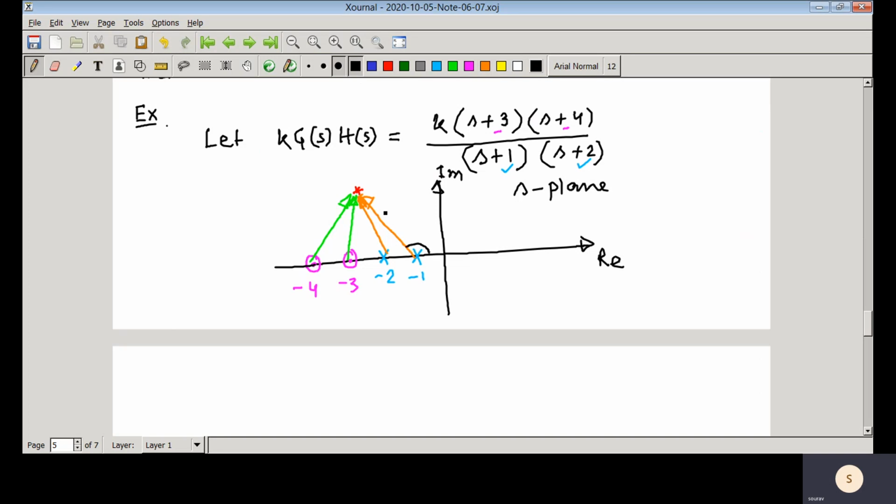This is one angle, suppose this is theta 4, and this is theta 3, and this is one angle, theta 2, and this is angle theta 1. This line is the reference line, that is 0 degree.